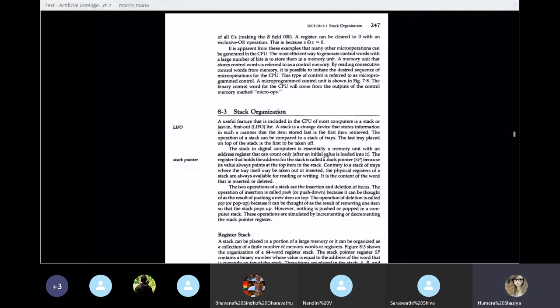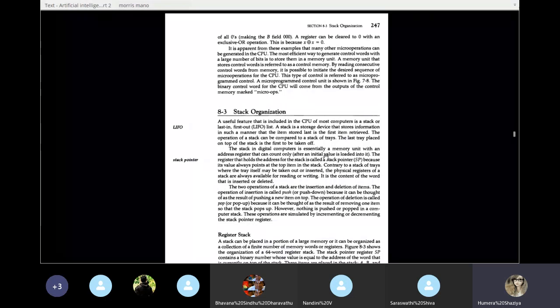And if suppose you call another function, then again it is placed in the stack. Likewise, you go on placing the functions, and once they are done, you just pop them out of the stack. That stack is nothing but in hardware within memory. You follow that procedure of last in, first out.